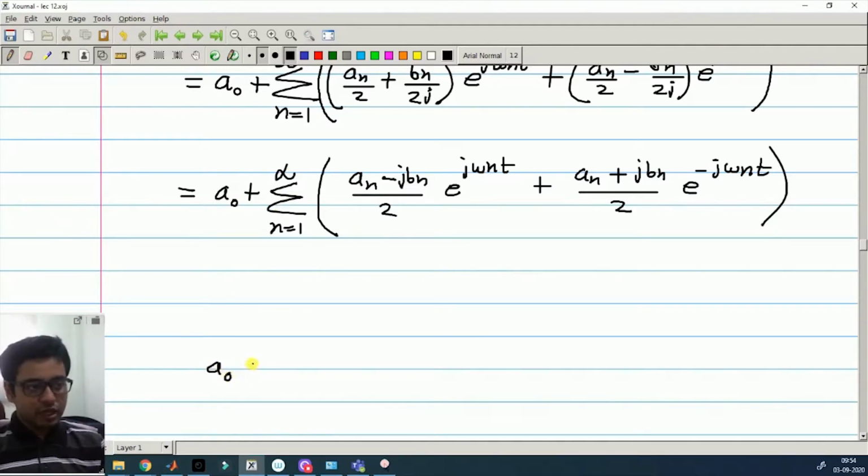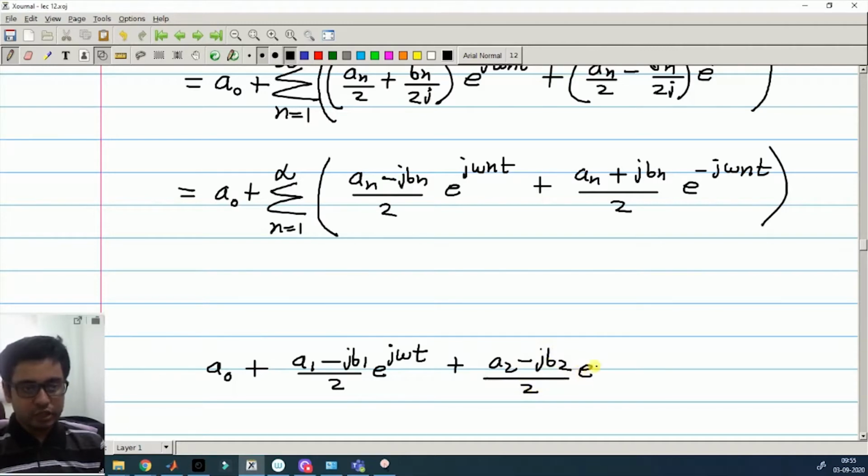a0 plus, for n equal to 1, from the first term I will get (a1 minus j b1) by 2 e to the power j omega 1 t. Then for n equal to 2 we will have (a2 minus j b2) by 2 e to the power j omega 2 t.